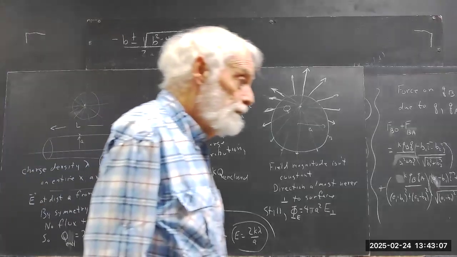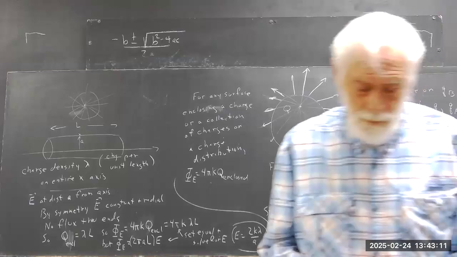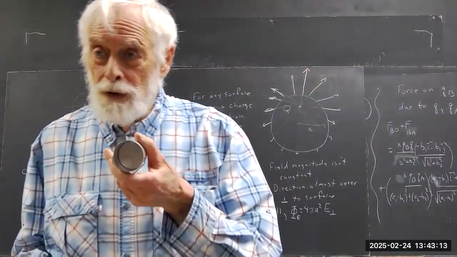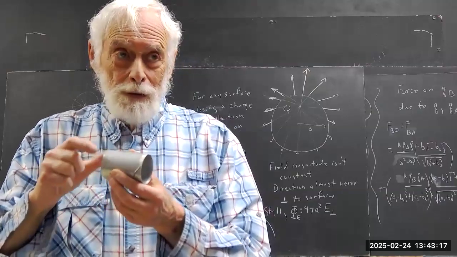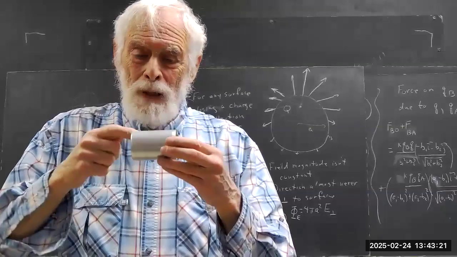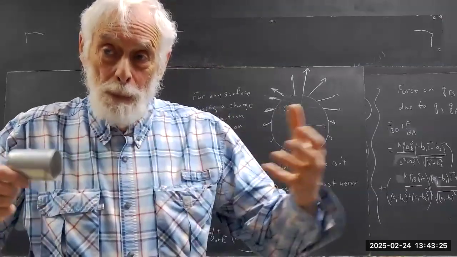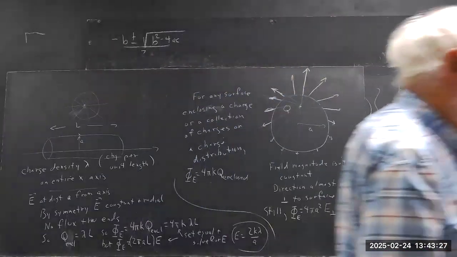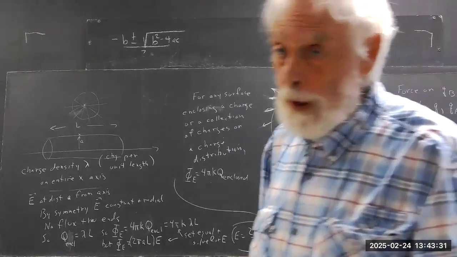Okay, so let's say we have this little cylinder. Now it's actually a cup. It's got an end, so you cut the end off and you got a little cylindrical surface. And then take another one, just a little bigger, and put it around this one. Maybe make them longer. And you have a cylinder inside a cylinder, and they're coaxial.